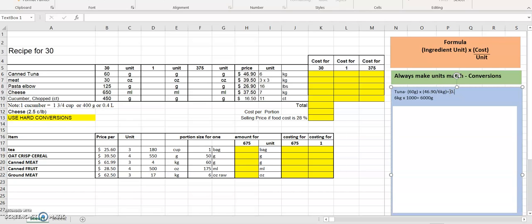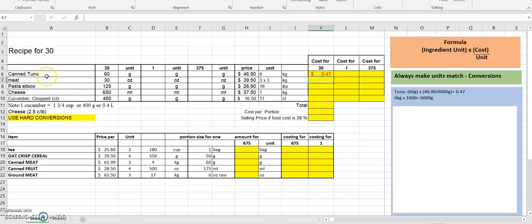That's going to give us a total of 47 cents when you make that conversion. Putting this in, we have open bracket, 60, close bracket, multiplied by our price, divided by 6,000 grams as we converted kilograms to grams.